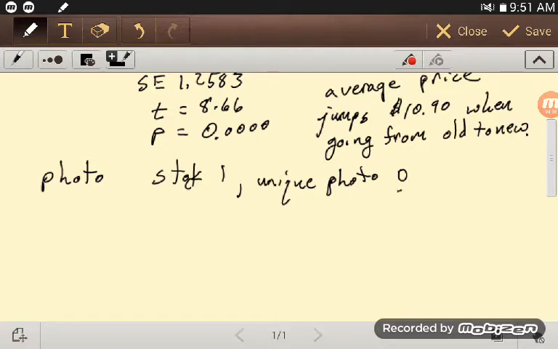So we would call anything with a 0 a base case. Duration, how long did the auction last? That's numerical, and they say it could be from 1 to 10.